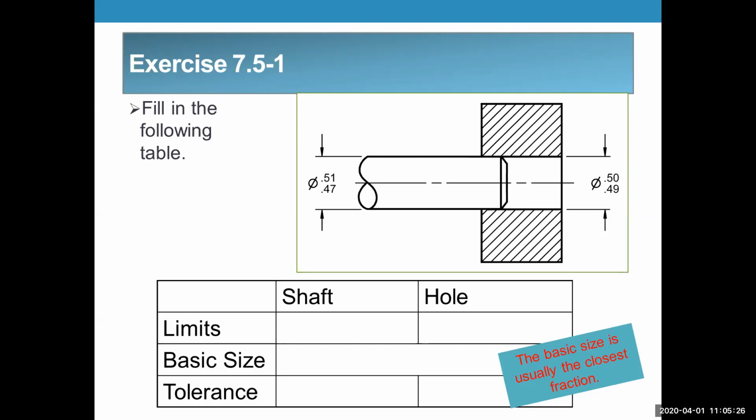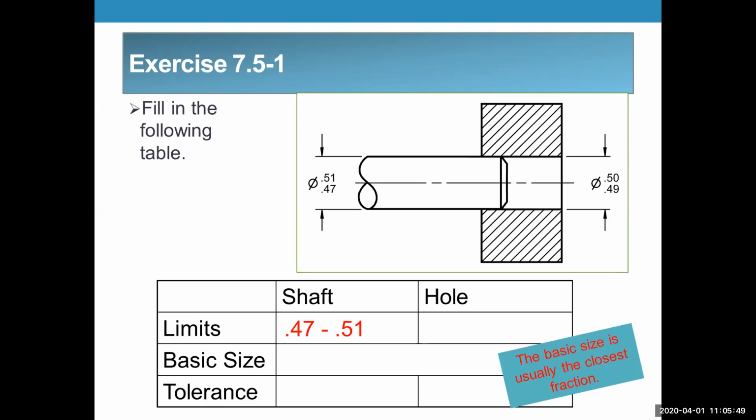Let's just walk through this one and then see if we get the idea, because there's more than one example. So the limits for the shaft should be, I believe, 0.51 to 0.47, and the limits for the hole should be 0.49 to 0.50.